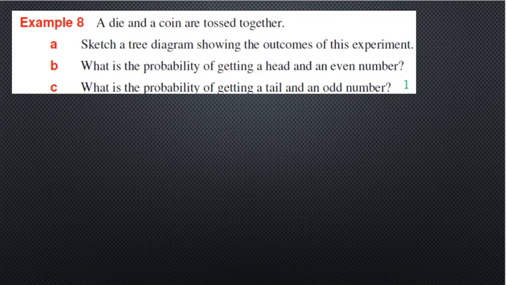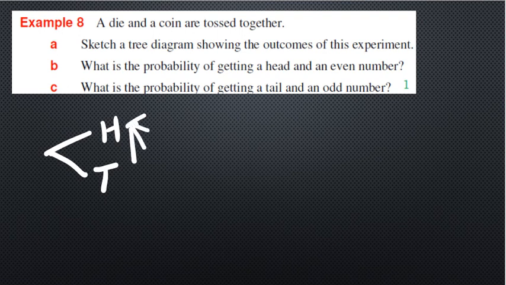Then sketch a tree diagram showing the outcome of the experiment. The coin has 2 outcomes, either head or tail. There is no other chance for the coin. But this head may appear with the number 1 or the number 2, so there are 6 possible combinations here, because a die has 6 faces, as we said already.